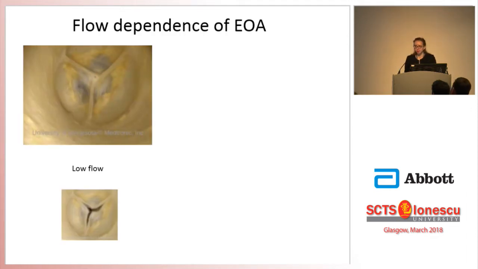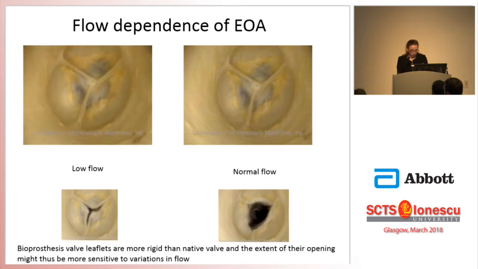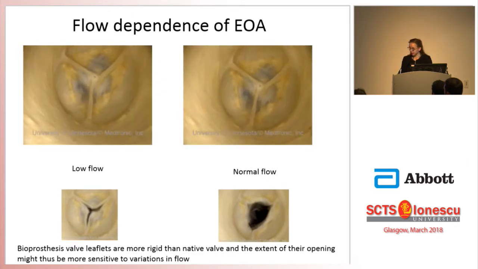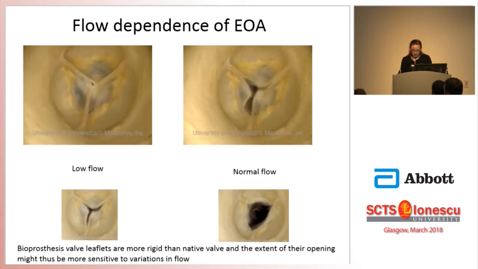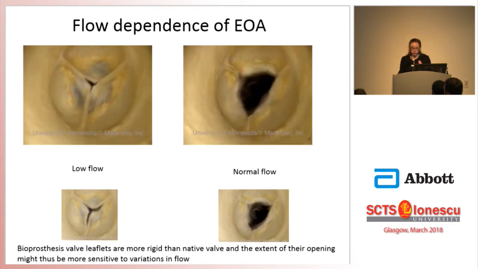So finally, there was an incomplete opening of this valve at rest because of the low flow status at rest, emphasizing the flow dependency of effective orifice area. Bioprosthesis leaflets are more rigid than those of the native valve, and the extent of their opening is probably more sensitive to variation in flow.